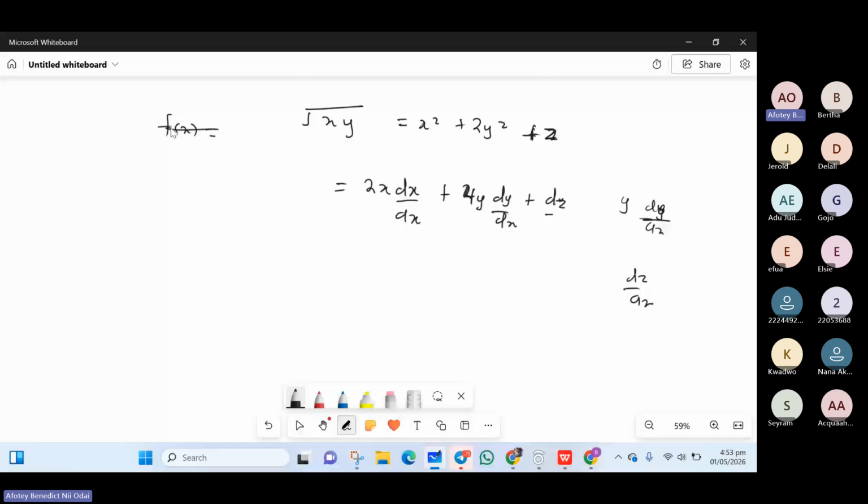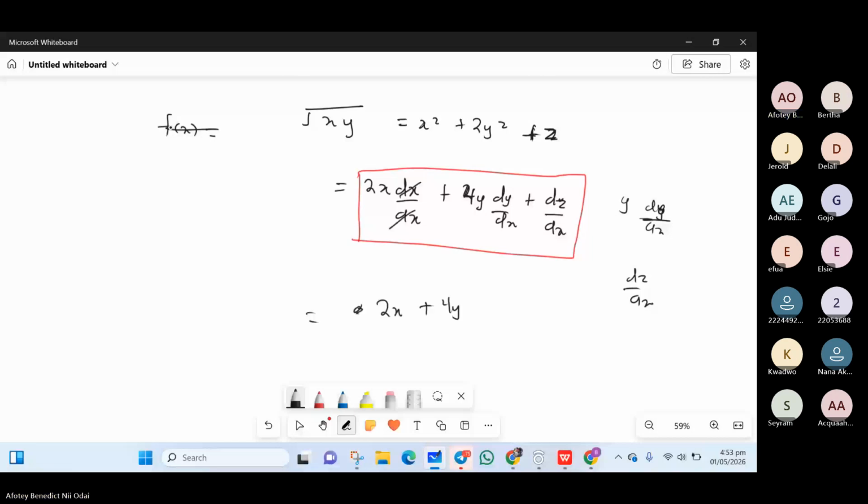But the 1 becomes almost negligible. You have to understand this. Once you understand this, everything becomes much clearer. Simplifying this, because dx/dx cancels out, we basically get 2x plus 4y dy/dx plus dz/dx, because you are differentiating with respect to x.